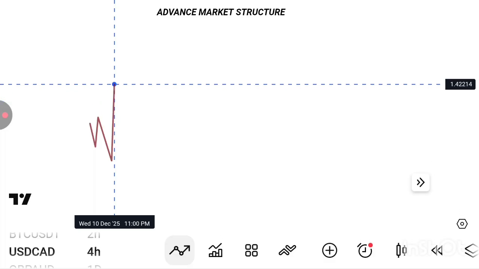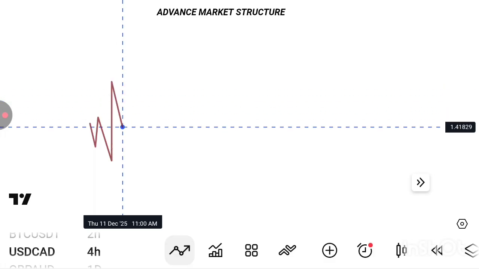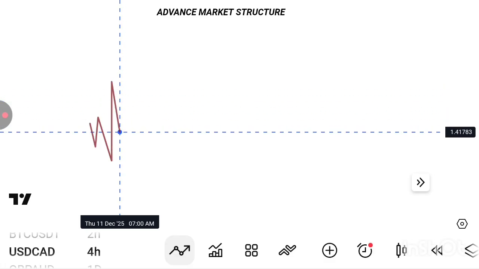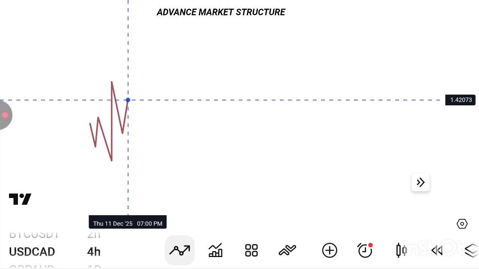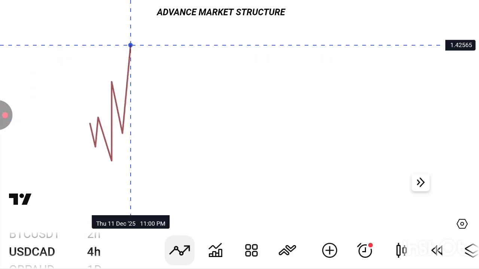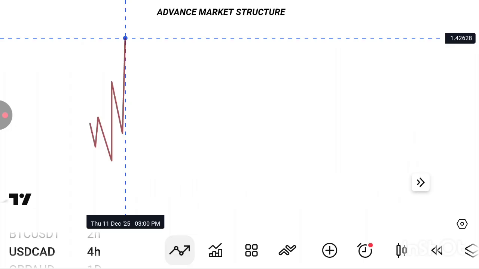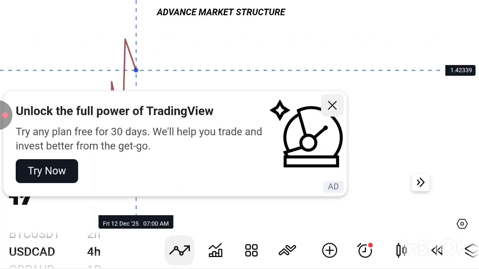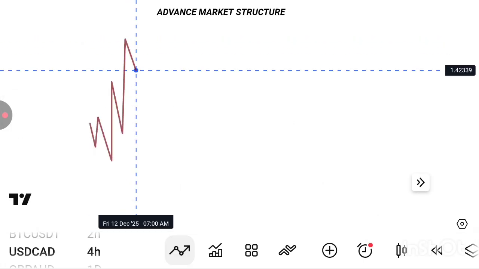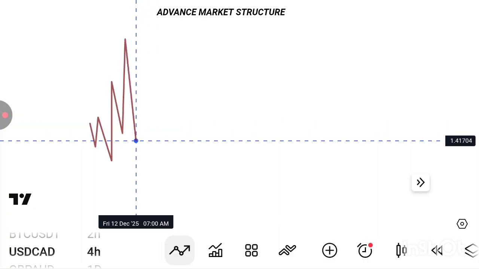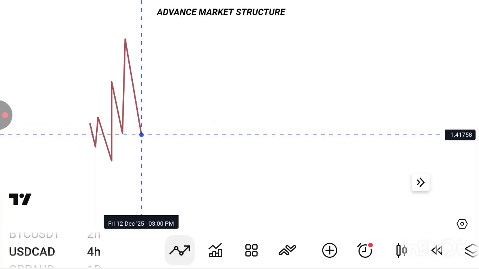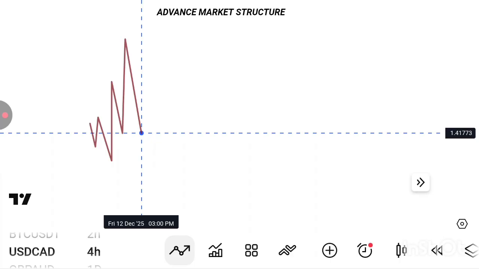Then it forms a leg at this particular level. This first leg it forms is known as the what? Internal range liquidity. Then it expands to this upside. Then what we will be expecting from the market is that price will come down, reverse to this downside, and take out this particular liquidity.